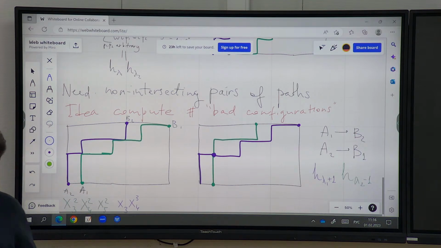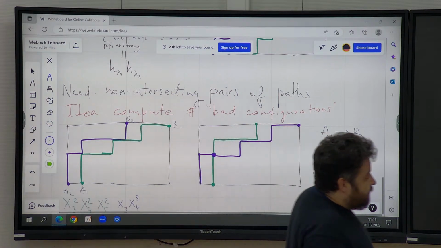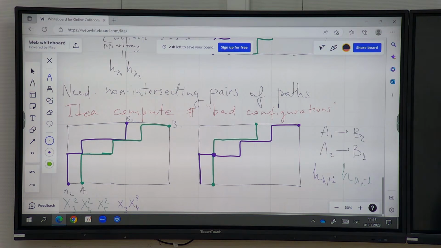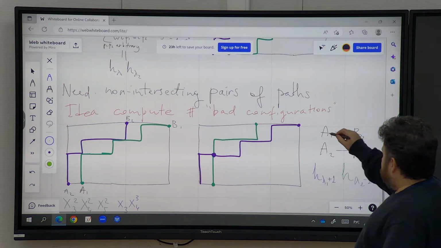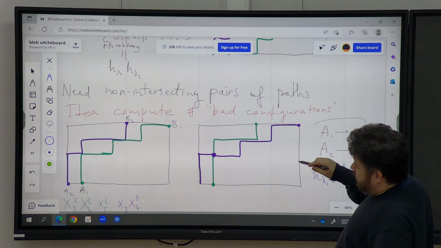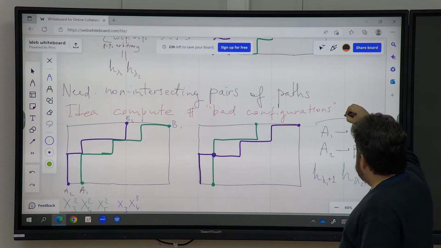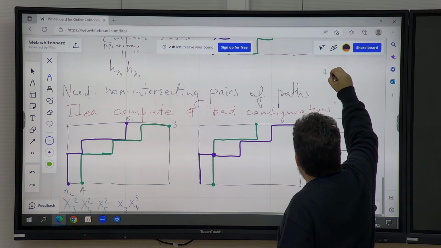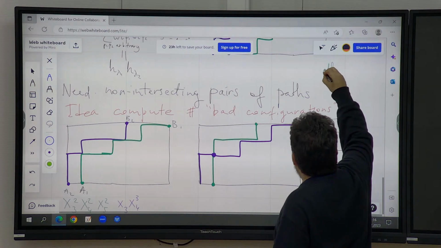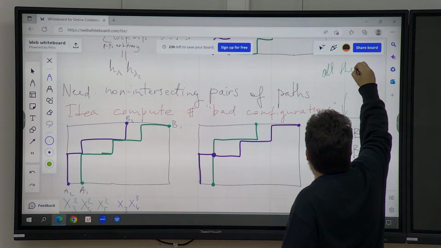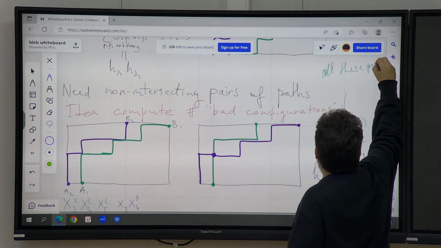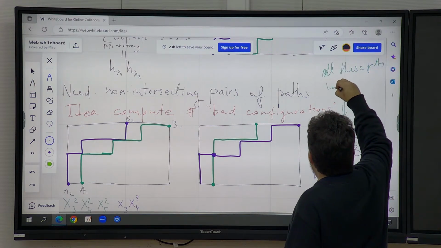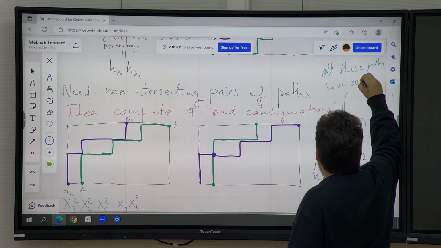Maybe for a while he'll need to go along the river or cross it maybe 5 times, whatever. But still, all pairs of paths are pairs with crossings. They all have crossings.